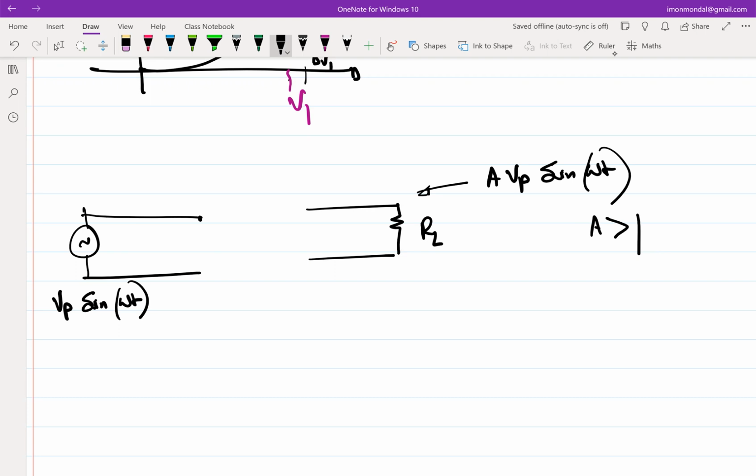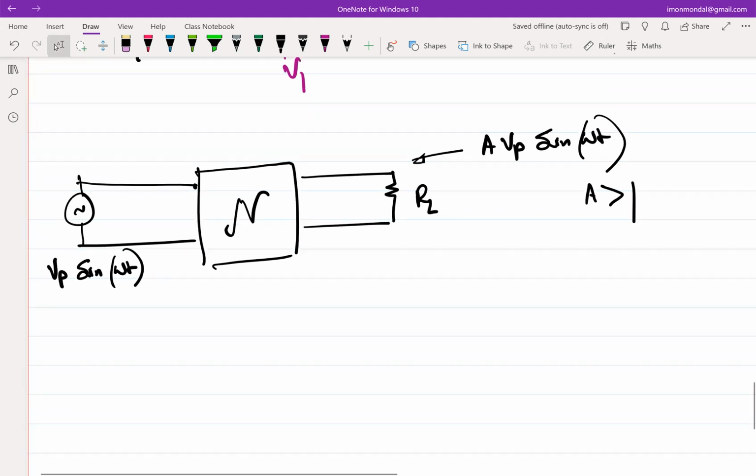So essentially what I'm trying to get at here is that I want a network N which can do this job for me. Right? So what characteristics do I absolutely need in this network? What is the necessary condition for this network to have A greater than 1?